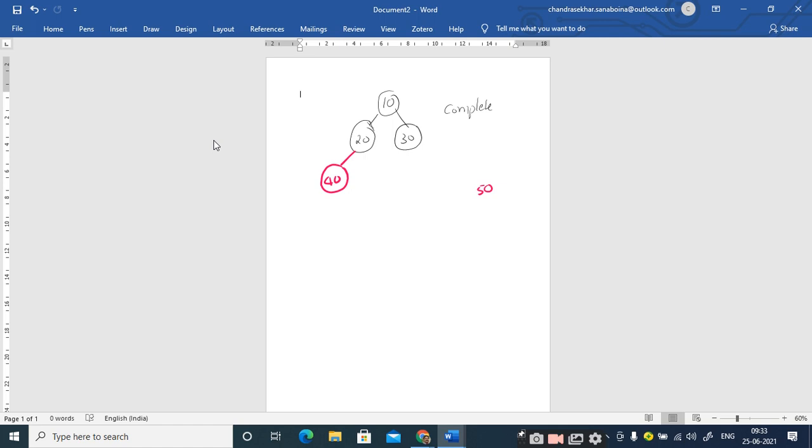The newest node should be placed from the leftmost part, but the leftmost part is already occupied. So after this, the next position will be this node, so you should fill it with the right child. The 50 should be placed as the right child of 20. Now if I want to insert one more element, 60, where should I put this 60?